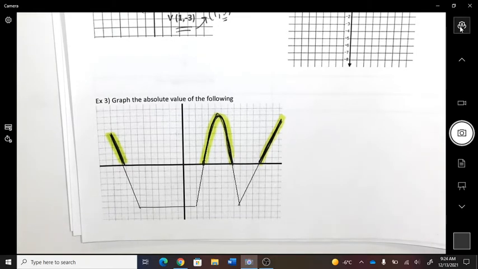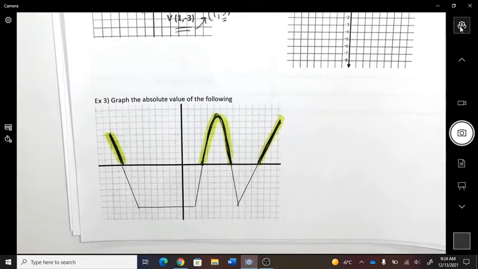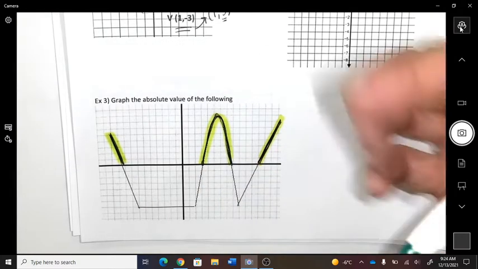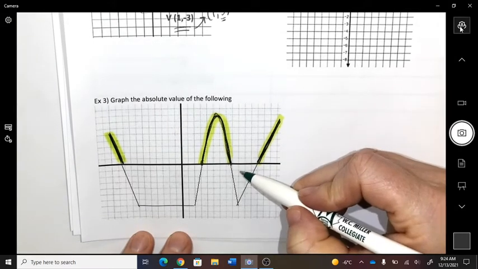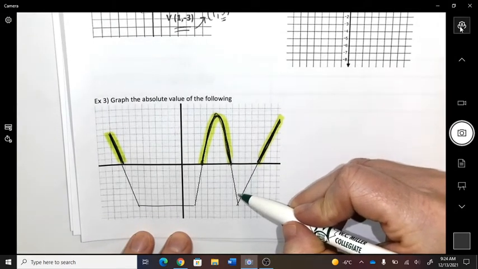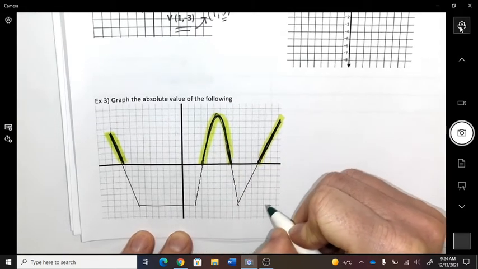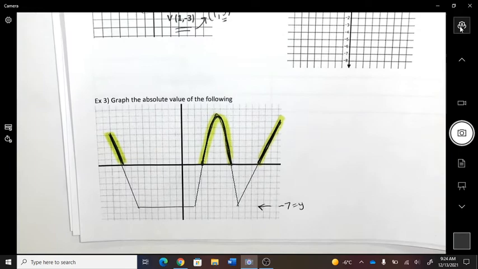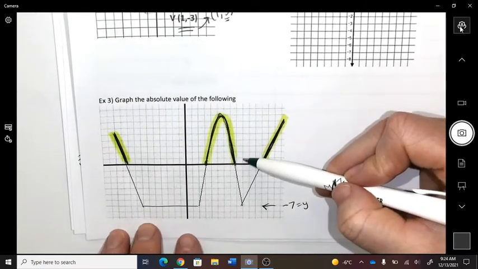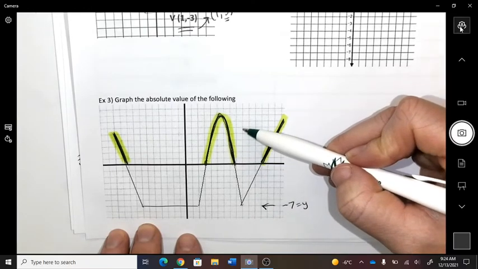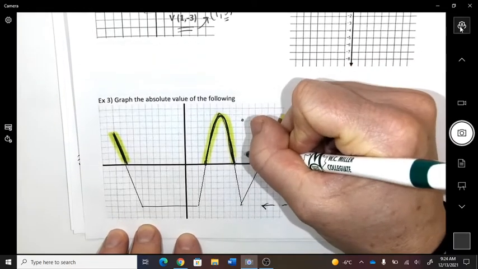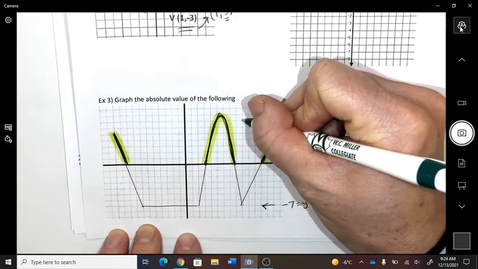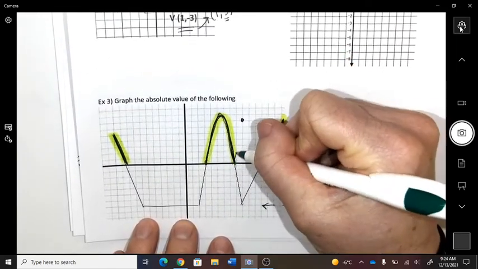Okay, so there's 2 sections that were negative height, so we're going to have to flip them all the way across. So let's just check out 1, 2, 3, 4, 5, 6, 7. That was at a -7, so it's going to have to move to a +7.